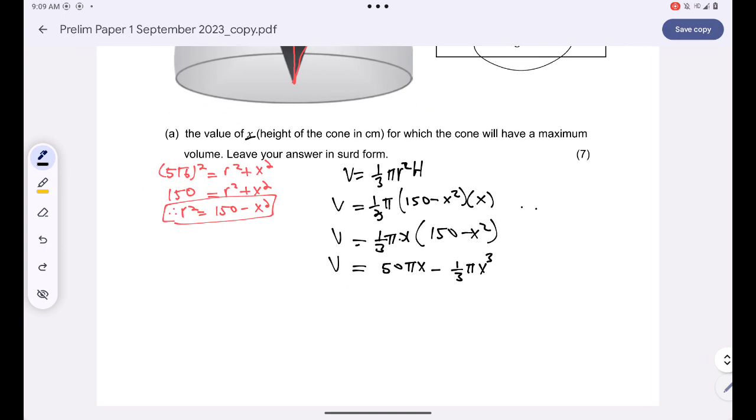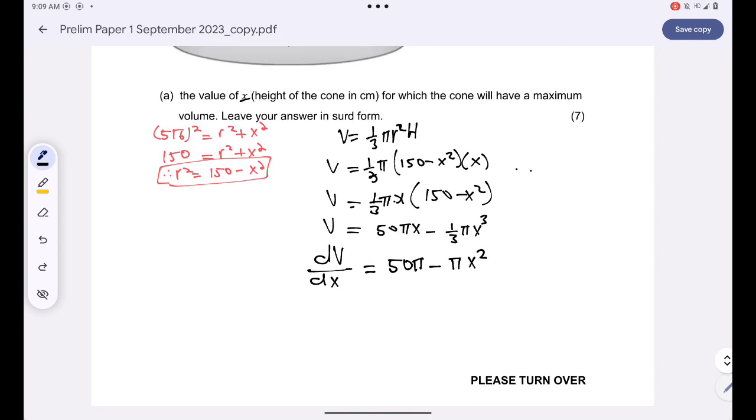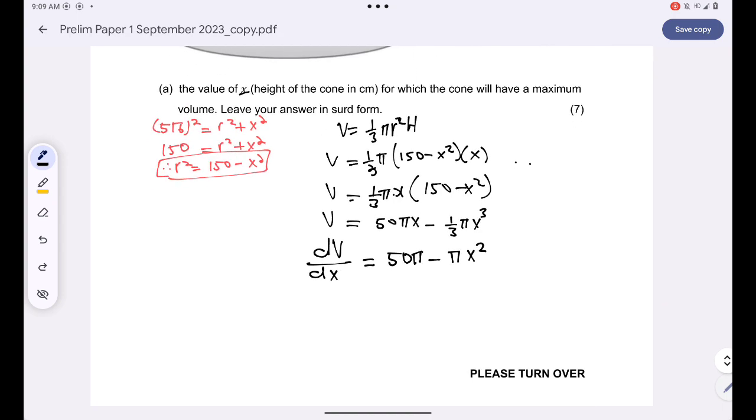They said we must find the value of x such that our volume will be a maximum, right? So I'm finding the derivative of my volume with respect to x. I'll end up having 50 pi minus pi x squared, right?